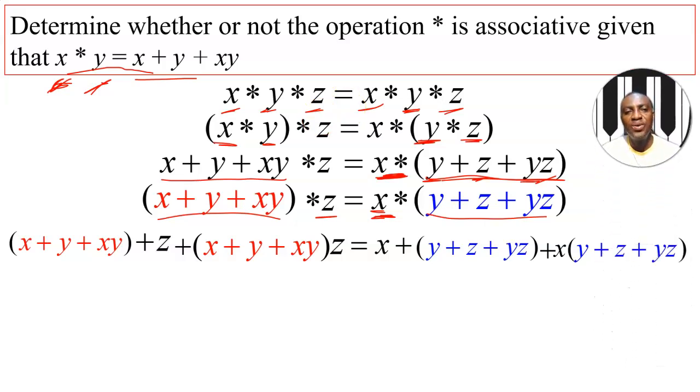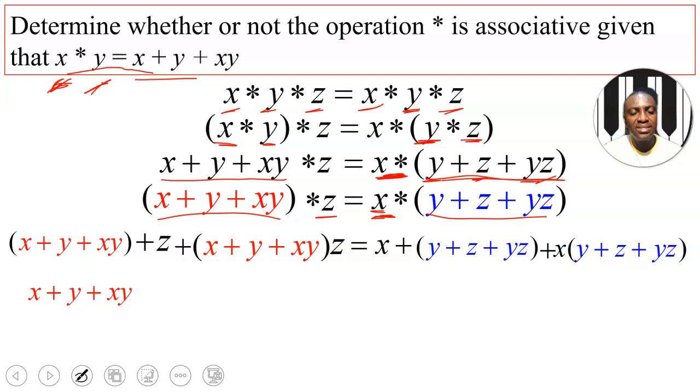Good. Now we want to simplify to see whether the left hand side will be equal to the right hand side, so we can conclude whether the operation star is associative. So I can simplify the left hand side a little bit. I have my x plus y plus xy plus z plus, I want to multiply this together, and that will give me that.